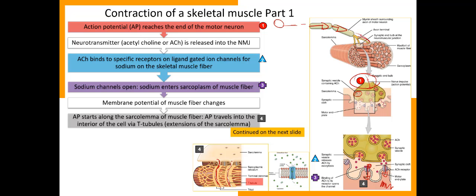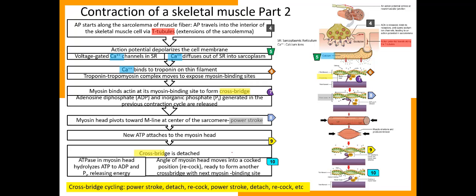T tubules are basically extensions of the plasma membrane that help to transport the action potential along the muscle cell. So from there, the membrane potential of the muscle cell changes and, as I said, travels down the T tubules that you can see in 4.